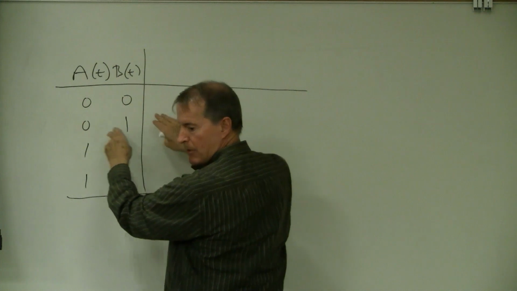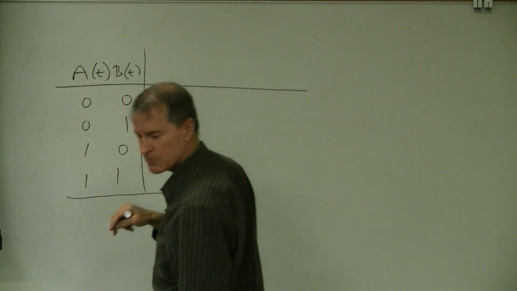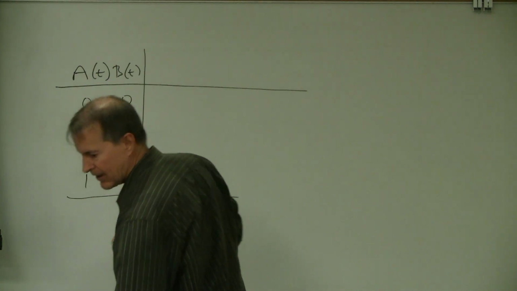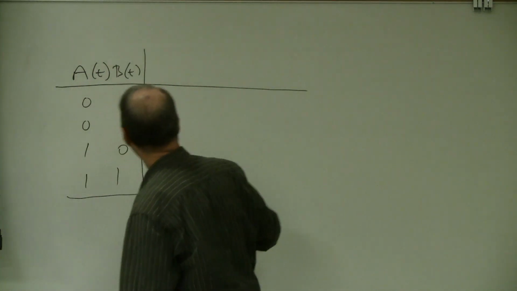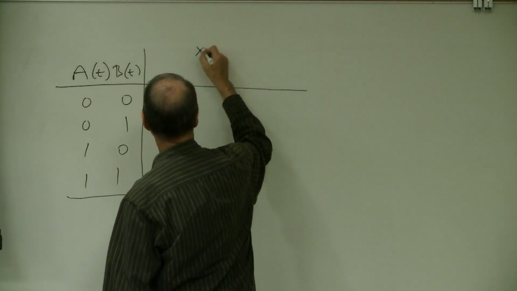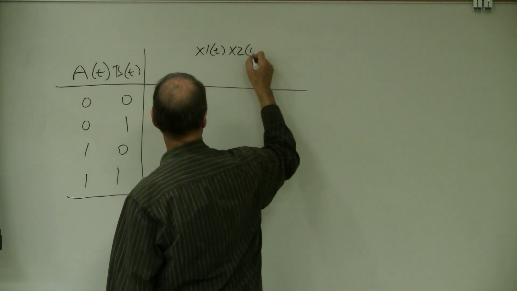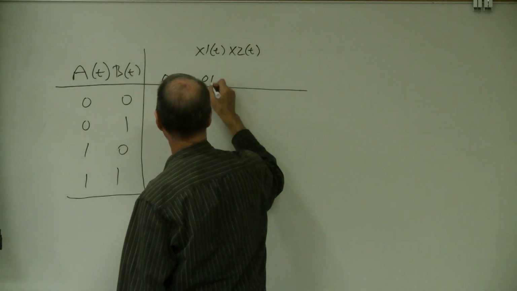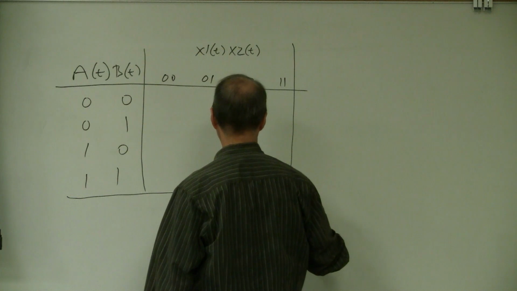So how many possible inputs do we have? 4. And what are those possible inputs? 0 0, 0 1, 1 0, 1 1. So we're going to label this x1 at time t, x2 at time t, and those 4 possibilities are 0 0, 0 1, 1 0, 1 1. Is everybody with me on this?